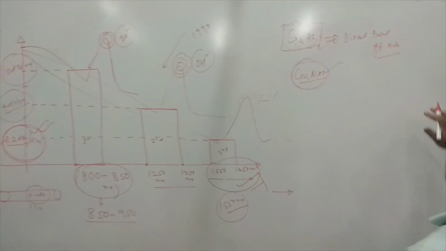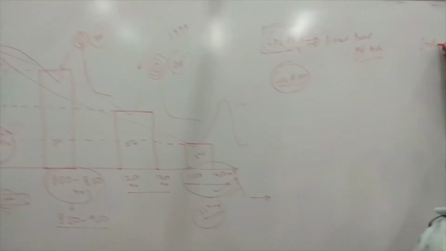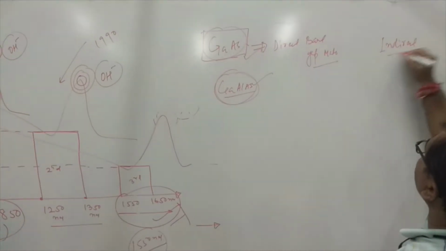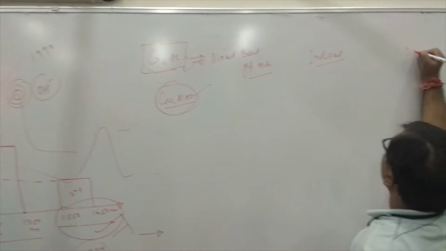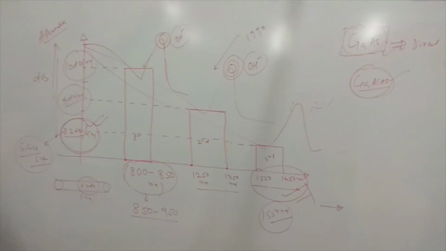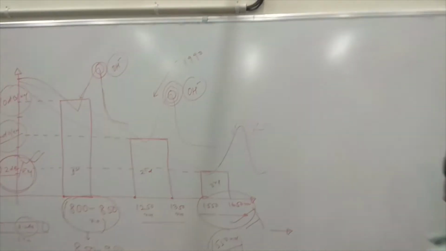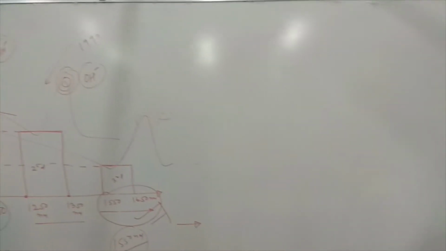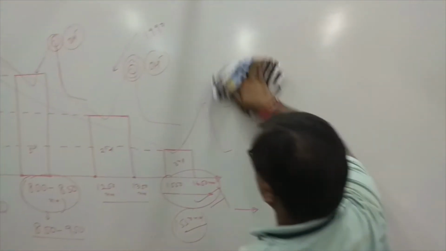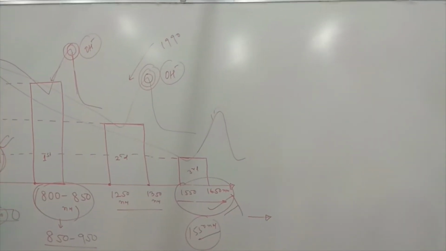How to see this? There are 2 types of materials. One is the indirect band gap, and the other one is the direct band gap. What are the factors associated with the direct band gap? So see here, I will explain the concept. This is a really good concept for any interview or for your future perspective: see the basic difference between direct and indirect band gap.